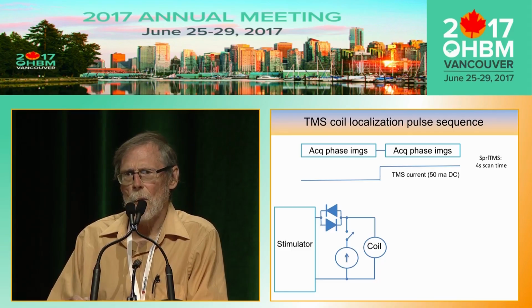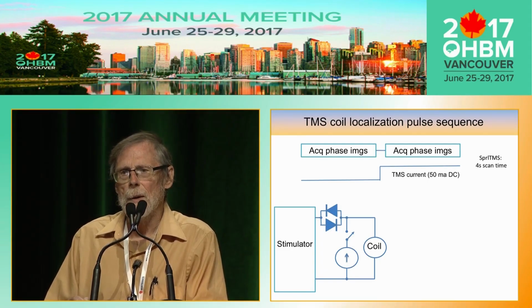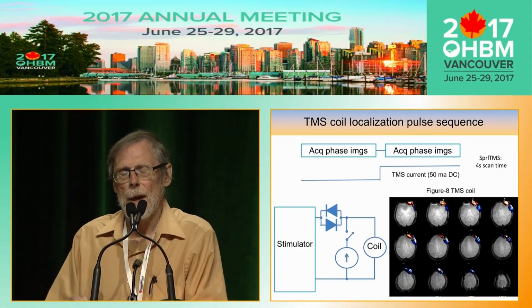With a TMS coil, you typically have a stimulator that is applied to the coil, generating a pulse of 4,000 or 5,000 amps for a few hundred microseconds. What we do is disconnect the stimulator and instead connect a small 1 or several mA DC or maybe AC current source, and then we look for changes in the phase of the MR signal that are related to that change in the magnetic field.